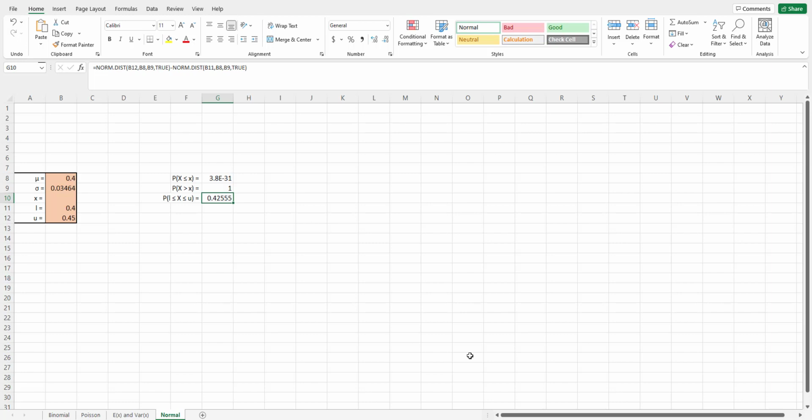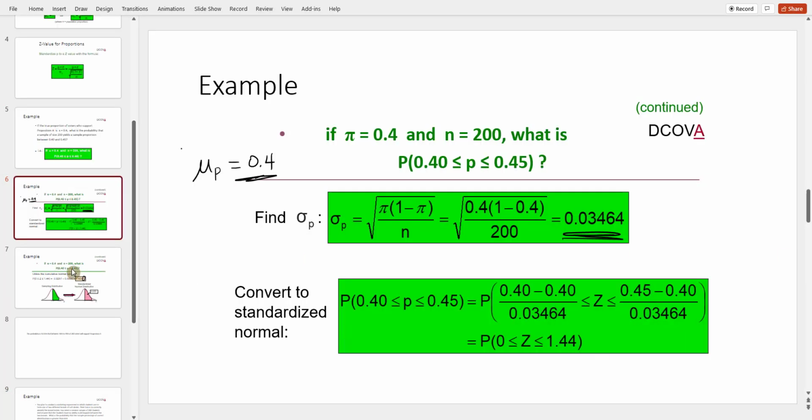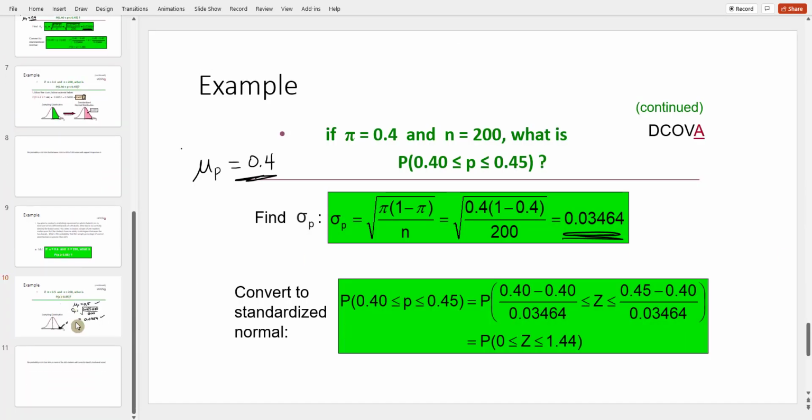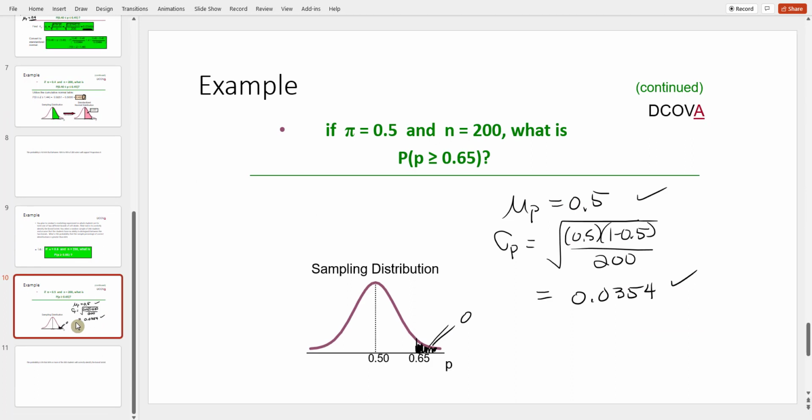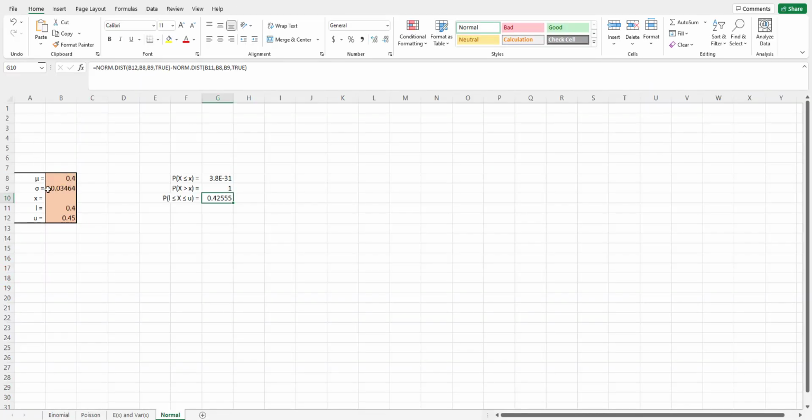This is just the normal distribution that you've worked with before in the previous chapter. You can also do the next problem, the one with the soft drinks. We're just going to plug these numbers into the template. We have 0.5 as the mean and 0.0354 as the standard deviation.